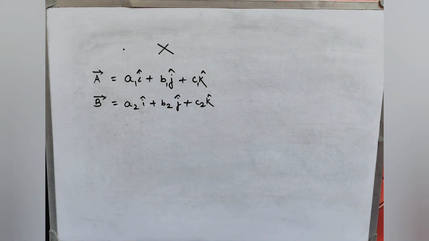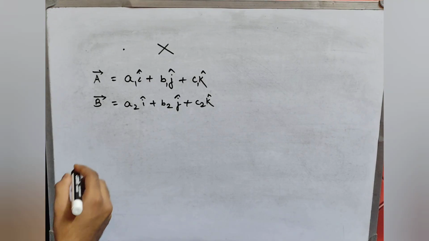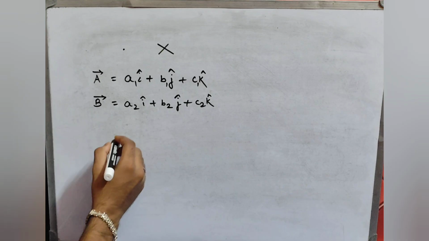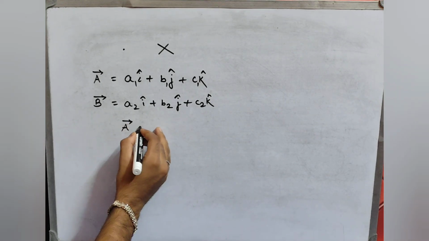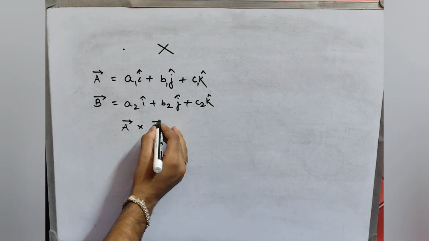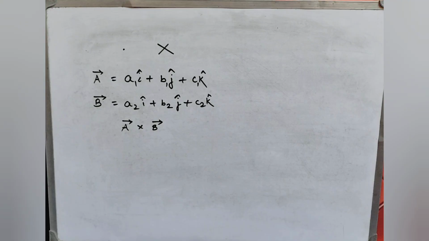Now we are going to solve a vector product of vector A and vector B. So it will be represented as A vector cross B vector.